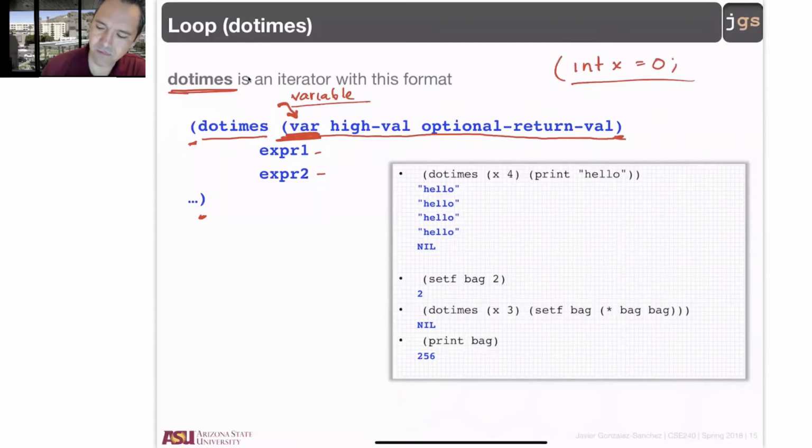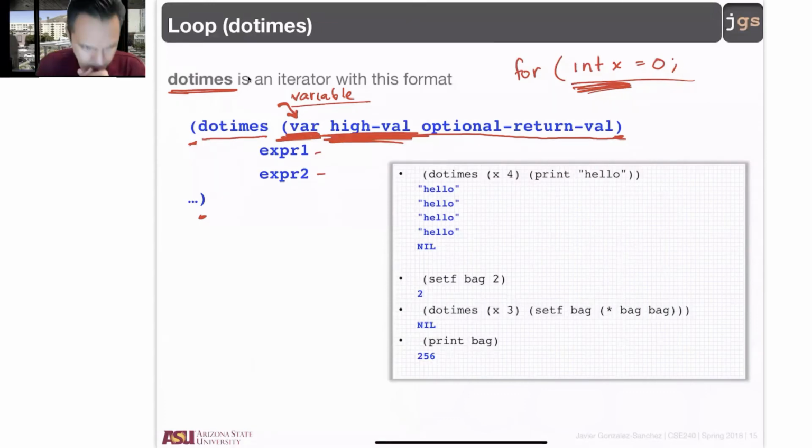If you think about a for loop, this one is the equivalent to the variable that you put there for the for loop. It's the variable that is going to help you to count how many times you have been inside of the loop. Then, inside of the same list, you have a value.